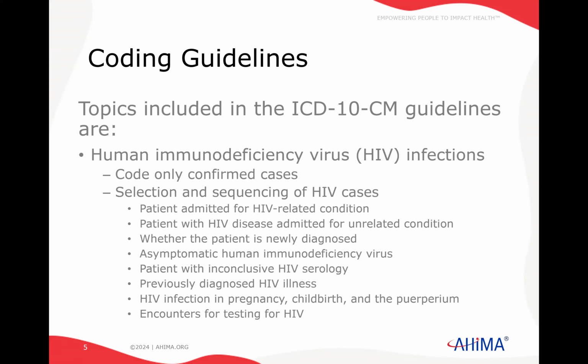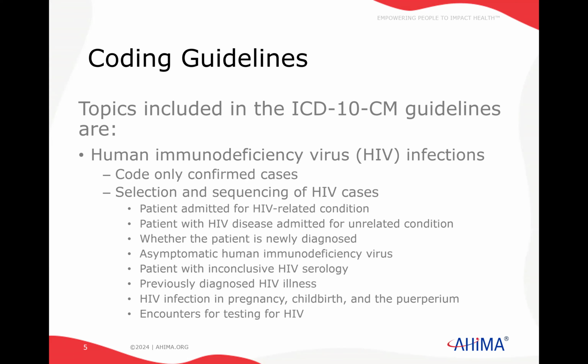This includes such things as a patient being admitted for an HIV-related condition, patient with HIV disease that's admitted for something that's unrelated, whether the patient is newly diagnosed. And there are codes that also cover asymptomatic HIV, inconclusive HIV, and HIV that's in pregnancy, childbirth, puerperium, and others.